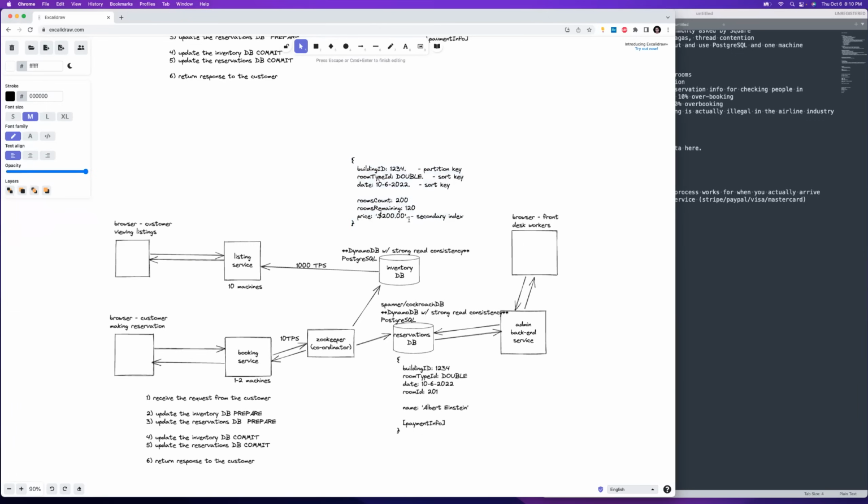And so rooms remaining would be a secondary index. We're going to allow for double booking. There are 2 approaches: you could either allow this to go negative, or you would just set this value to be 10% higher than it should be. So you'd say it's 220 when it should actually be 200. So that's how you could do 10%.